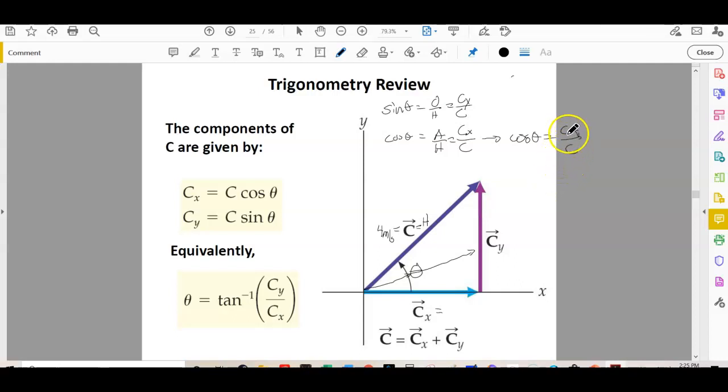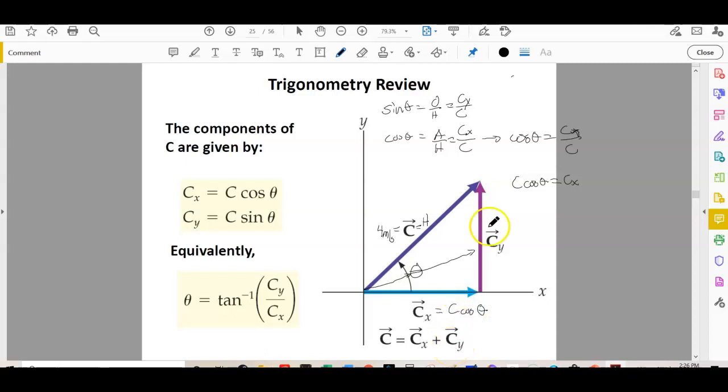So if we want to find what CX is equal to, we need to multiply both sides by C. And if we do that, you get C cosine of theta is equal to CX. Okay? So that means you could define this component vector here, CX, in terms of theta and C as C cosine of theta.